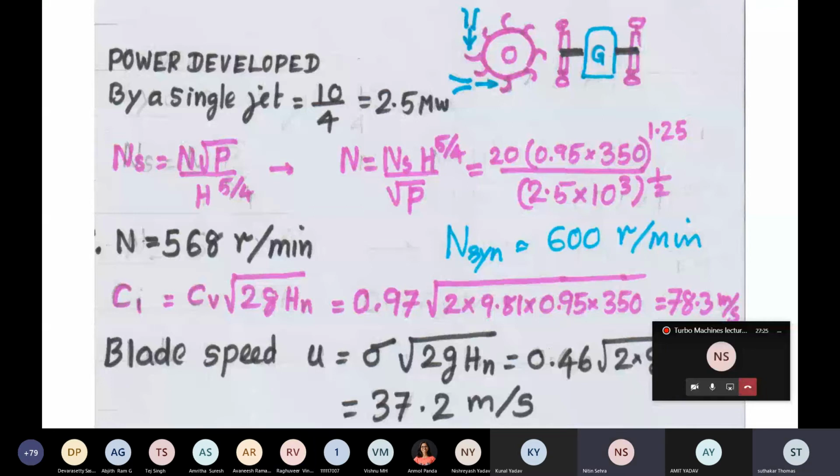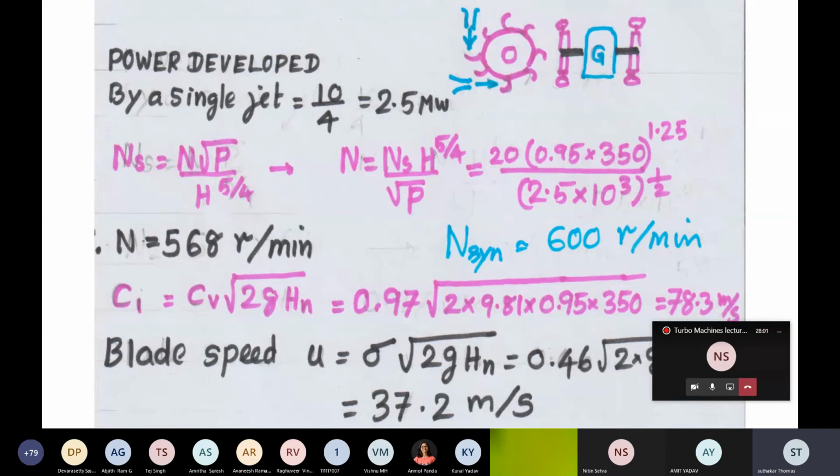Generation of electricity. AC or DC? AC current. What is the frequency? 60 hertz, or 50? Here it is 50.